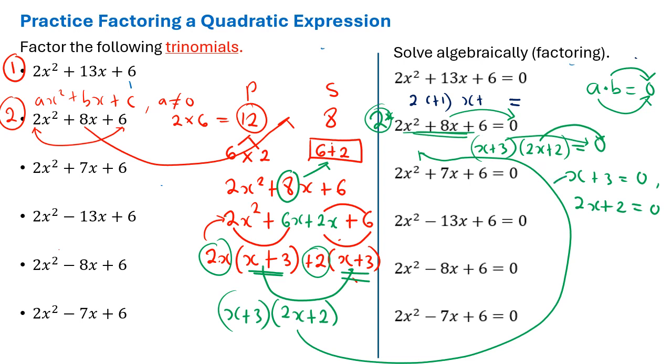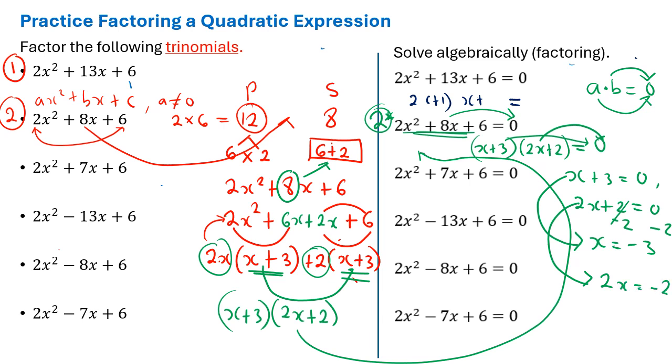To solve x plus 3 equals 0, you just subtract 3 from both sides, and x is going to give you negative 3. To solve the second one, I am going to subtract 2 from both sides. When you subtract 2 from both sides, you cross that 2 out, so you get 2x is equal to negative 2.